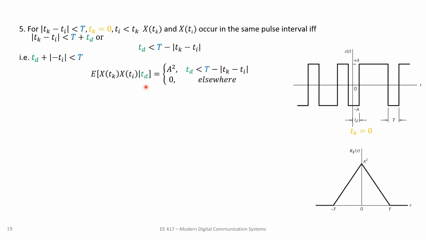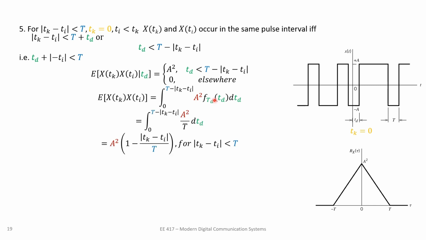But if we just consider the basic concept here, you're looking at the expected value of x of t times x of t, the time-shifted version, and we have a scaled version by the probability, because we have to look at the expectation over all possible values of Td.